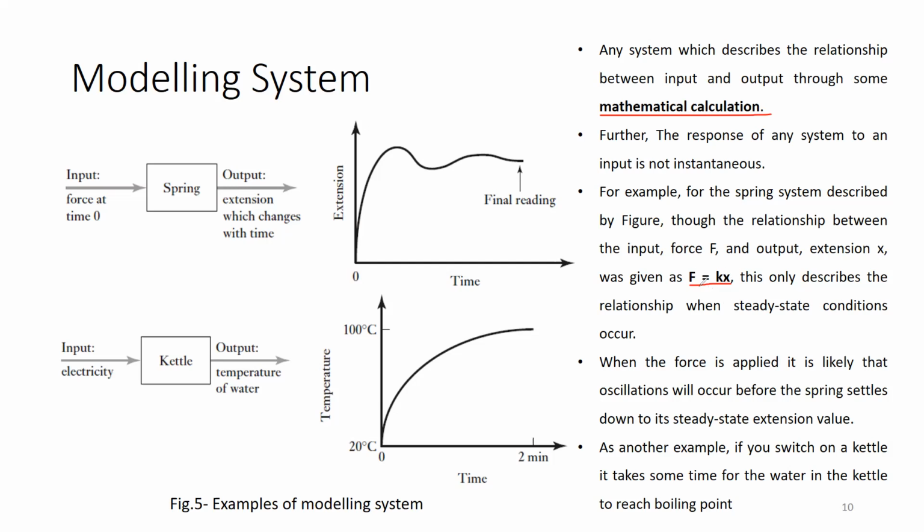So this is a simple relationship which shows how force is directly related: the more force you apply, the more extension or retraction you will get, in whatever direction we are talking of. So force will be directly proportional to X, and when we remove this proportionality, we need to add some constant to it. So that is the constant, the spring constant.